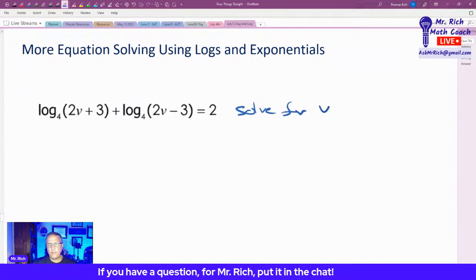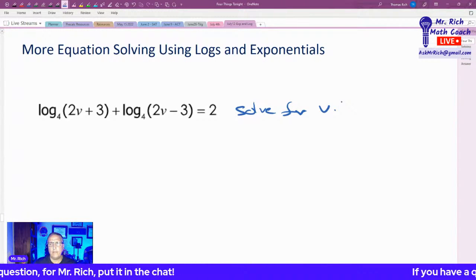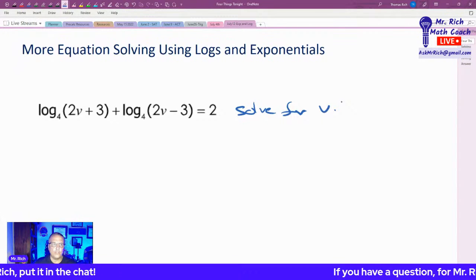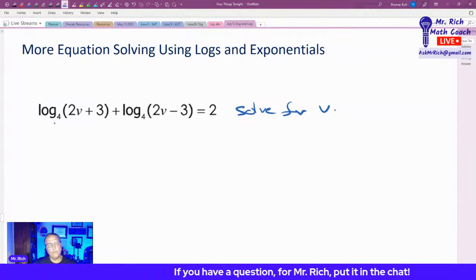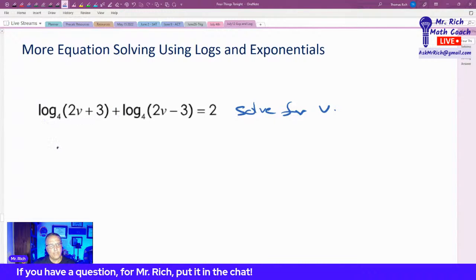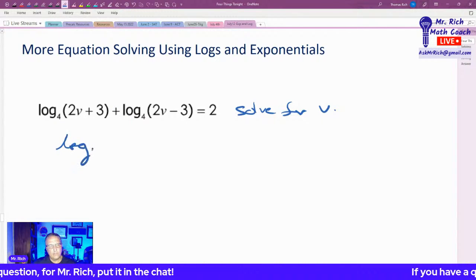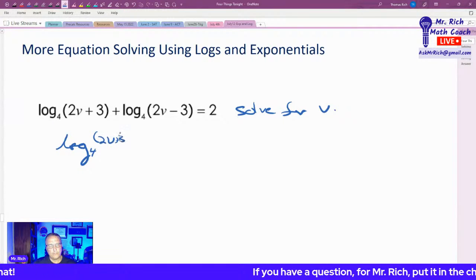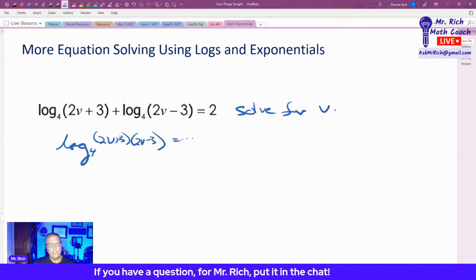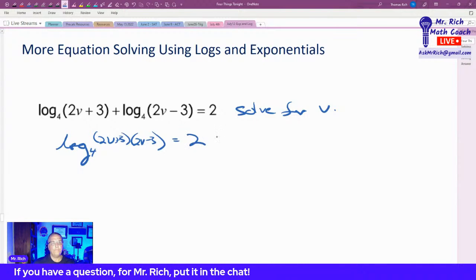My strategy here is to condense this into a singular log, and then exponentiate on both sides. Since I've got addition of these same logs, I'm going to condense the logarithms into a single log: log base 4 of the product 2v plus 3 times 2v minus 3 is equal to 2.